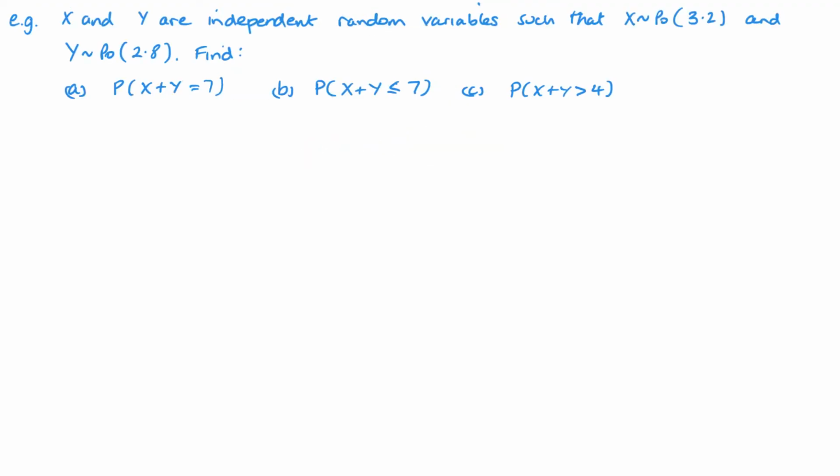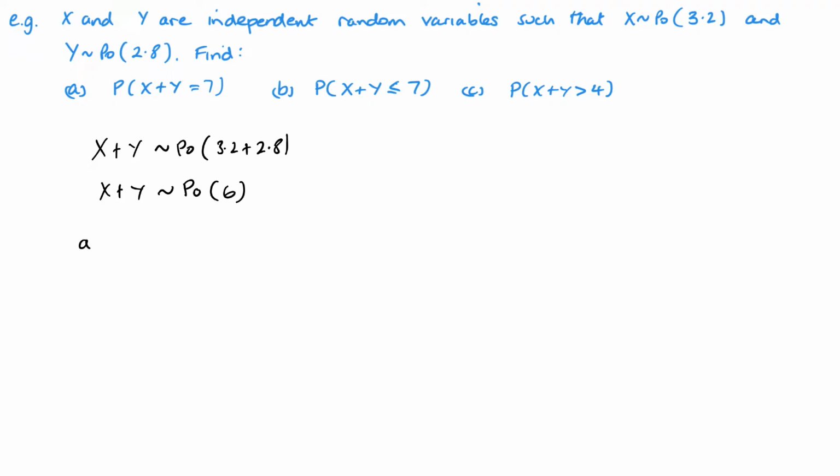So here we have X and Y as independent random variables. X's value of lambda is 3.2 and Y's is 2.8. If we add those together, the distribution of X plus Y has lambda 3.2 plus 2.8, which is 6.